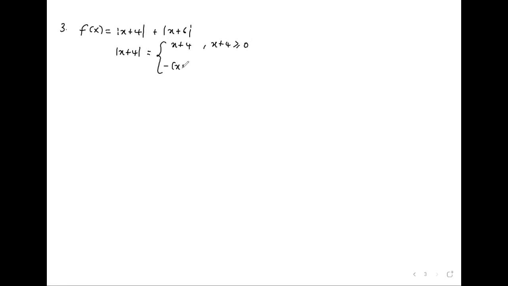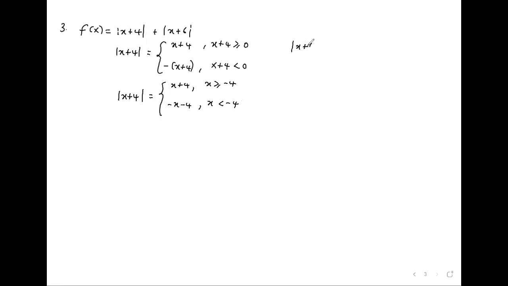It's -(x plus 4) if x plus 4 is less than 0. This means the modulus is x plus 4 if x is greater than or equal to -4, and -x minus 4 if x is less than -4.